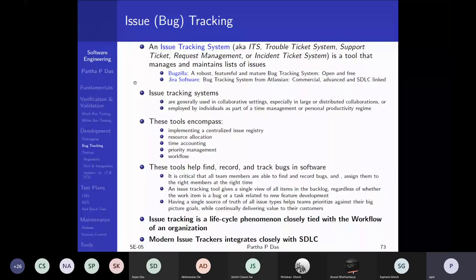Another is a very advanced one, which is commercial. I have had the benefit of working with this for about 5 years. It is really beautiful, but it's expensive, and it comes from Atlassian. This software is not only for issue tracking, but it actually integrates with the SDLC stages.